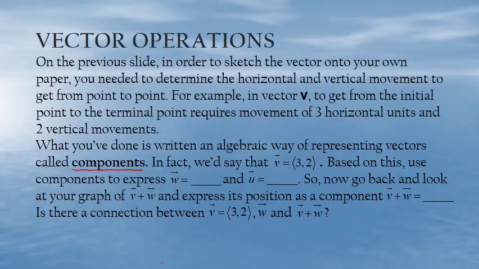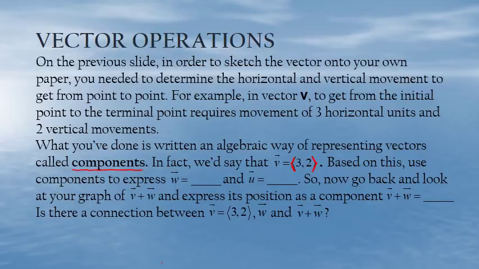Another way of saying that is that vector v is equal to ⟨3, 2⟩, and the component notation uses these little symbols that look like V's on their sides. Based off of this, use components to express vector w and vector u.